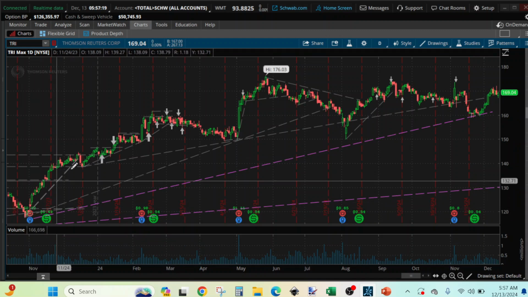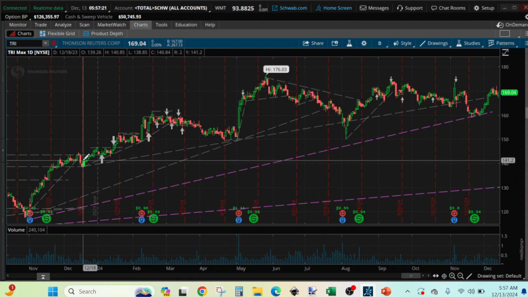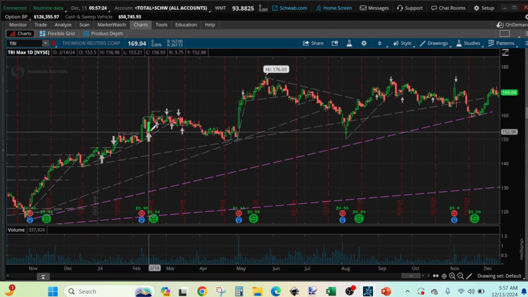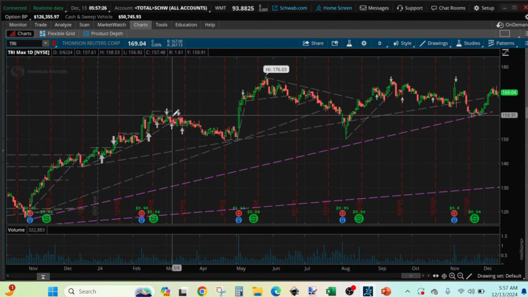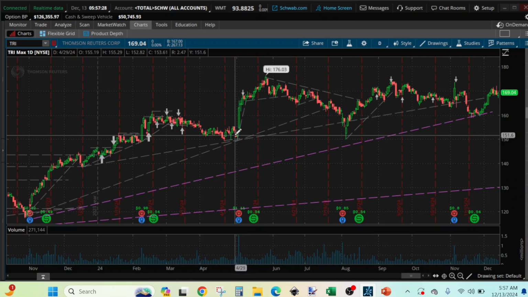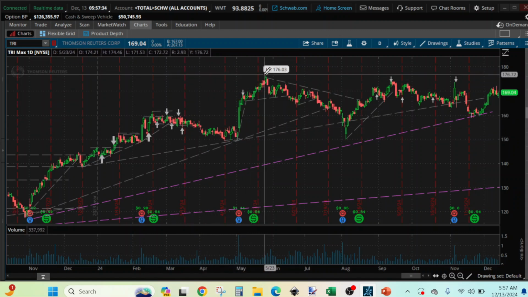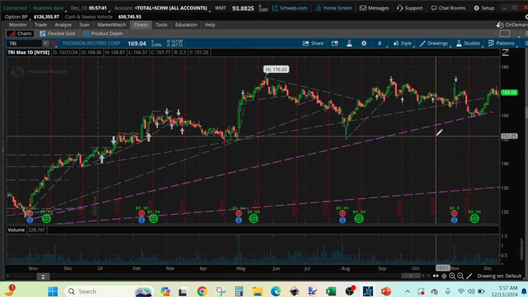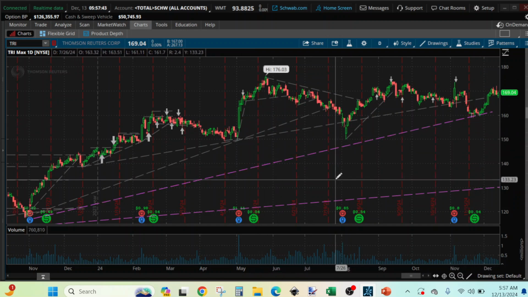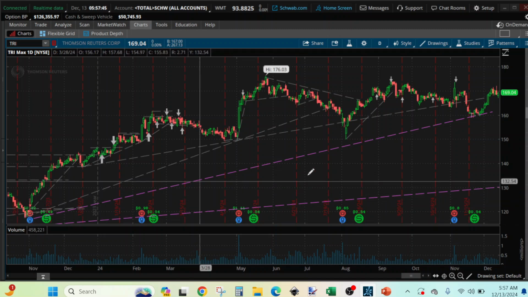Okay, let's see, December, February, around April. It pulled back around April, consolidated before it went up around May. What I'm going to suggest, this is a one-year trend line.